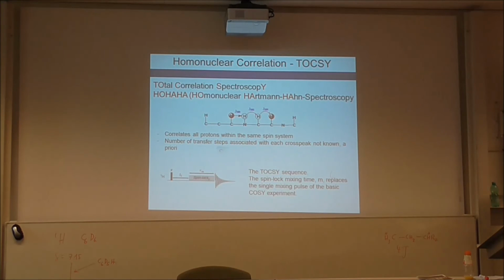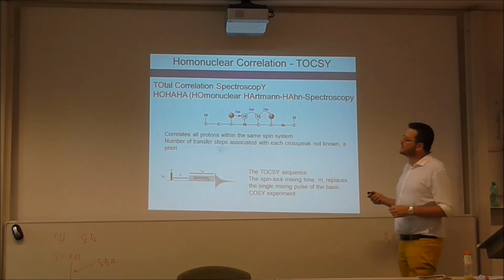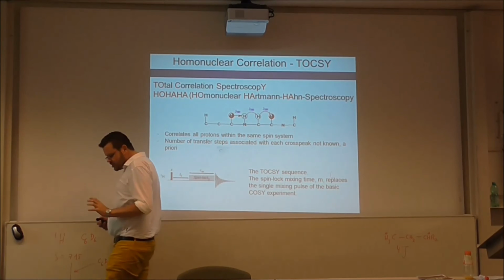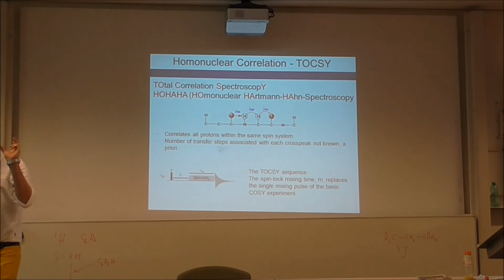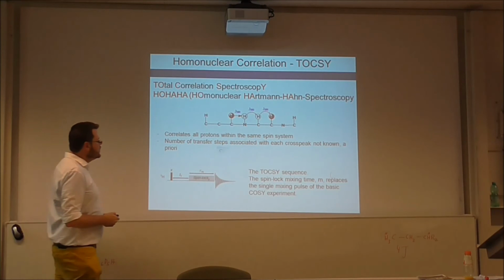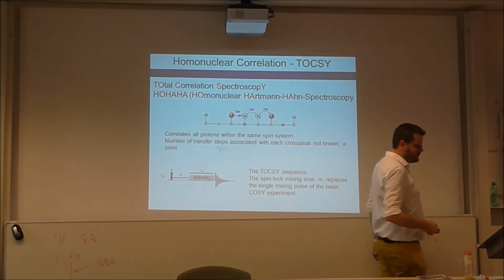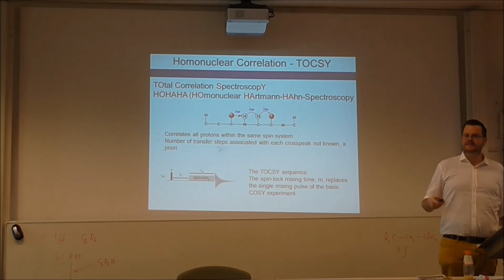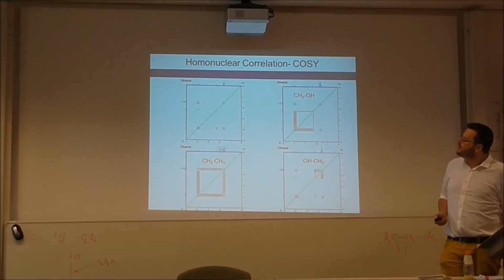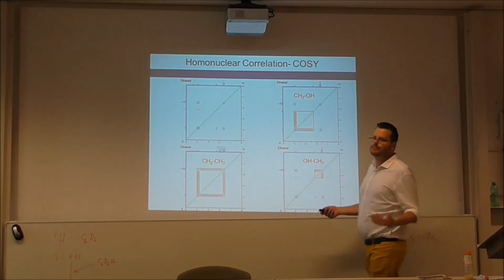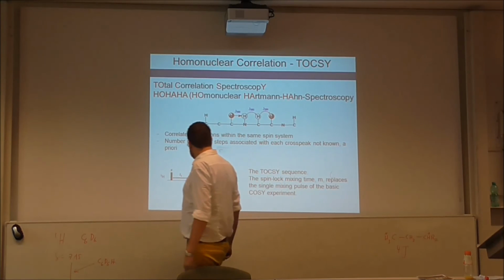We have an example called TOCSY, which is total correlation spectroscopy, which looks at the correlation of all protons within a spin system, right? So you will obviously in a TOCSY spectrum see a lot more cross peaks than in a normal homonuclear spectrum where you just see up to J3. So that's what TOCSY is.